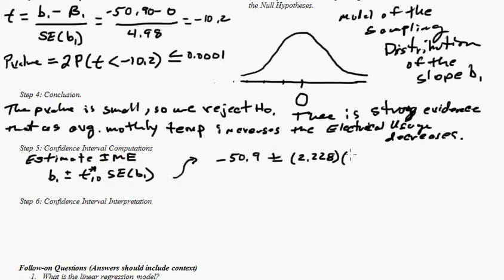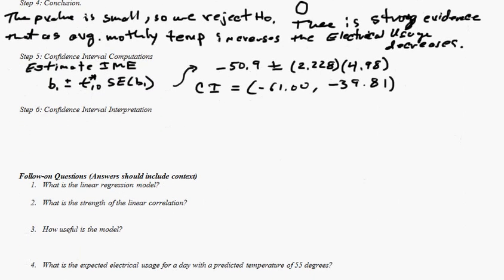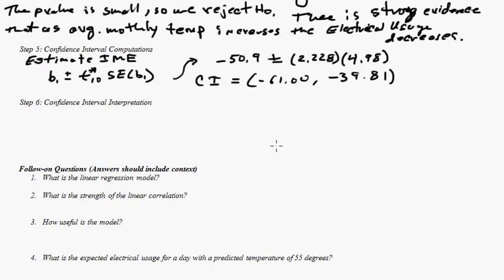We already found that on the computer printout. So our confidence interval becomes negative 61.0 to negative 39.81. All right, so how do we interpret this?